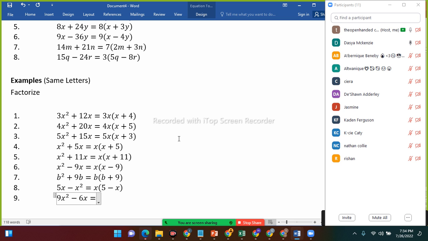Could we use 3x? Yes, we can. So 3x on the outside, and then open bracket, 3x take away 2. Yeah, that's it. Very good.